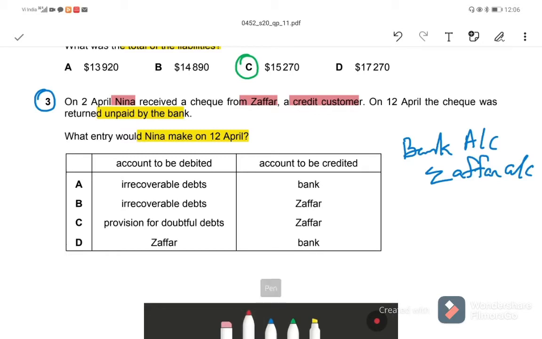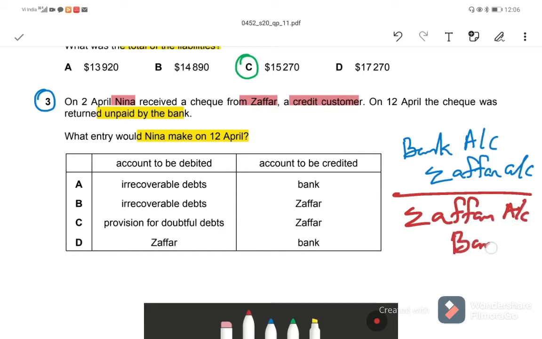We will enter Zafar account debit and bank account credit. So the correct option is D.